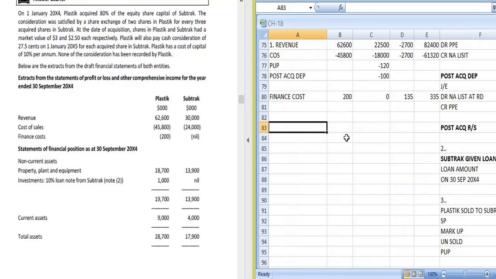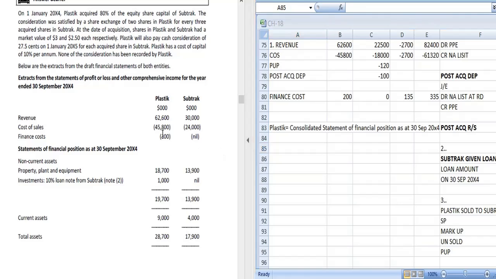So now we will prepare the consolidated statement of profit or loss and statement of financial position at 30 September 20x4.